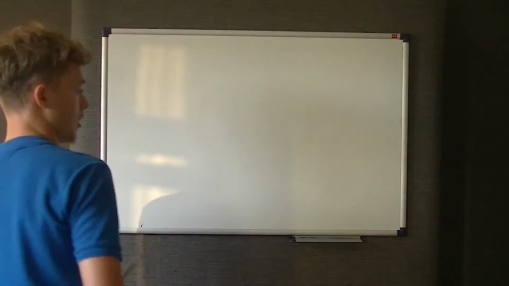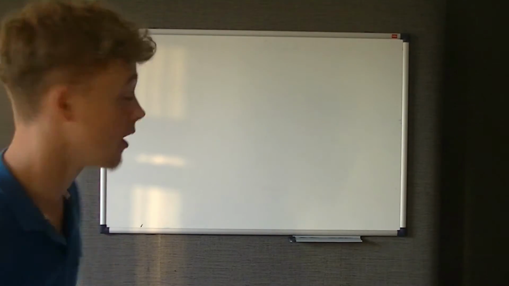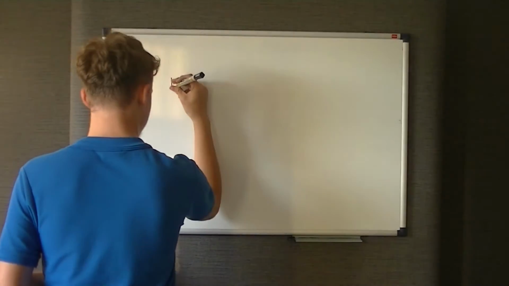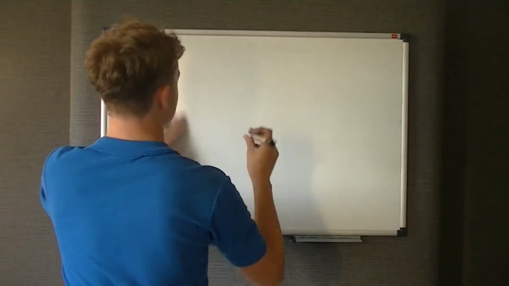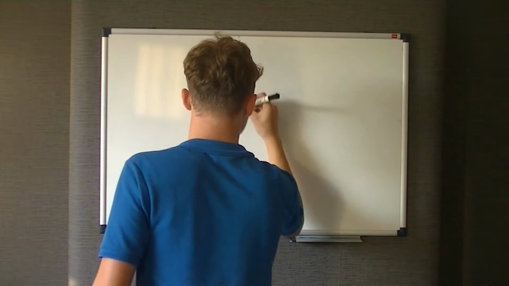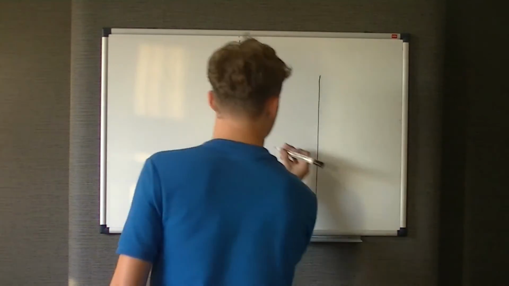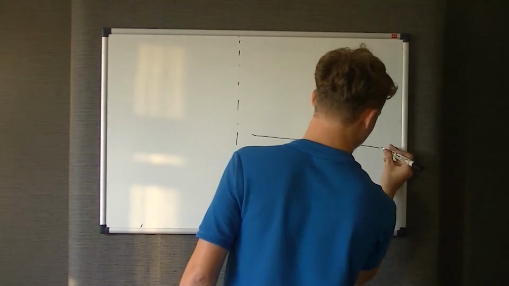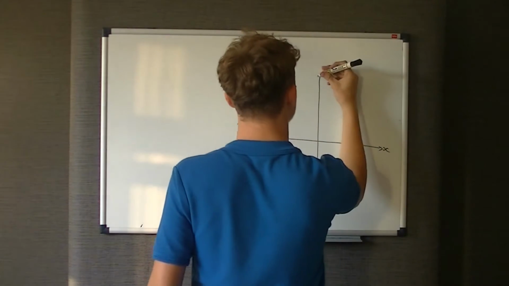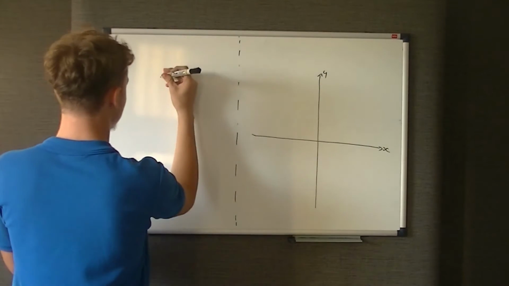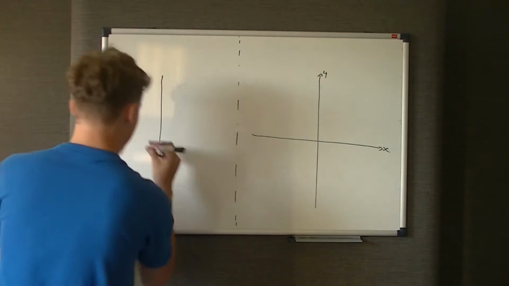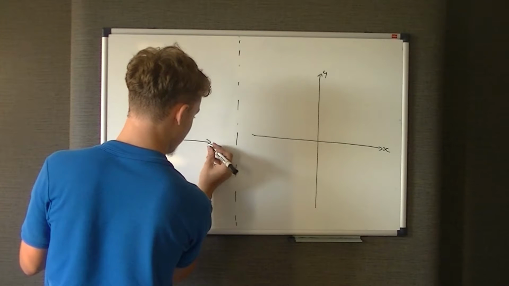So what do we mean by graphing? Well, just drawing it on a graph. So I'm going to split the whiteboard in 2, literally, with my strong bare arms. And I'm going to draw a graph on the left-hand side and a graph on the right-hand side, even though I said it the other way around, just to confuse you. I'm going to label one of these graphs.